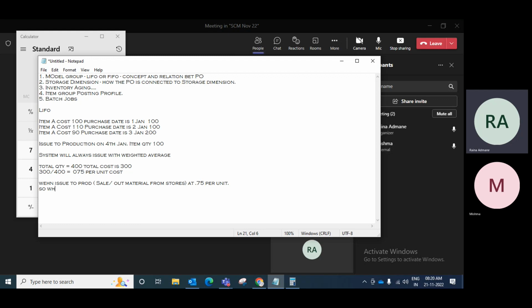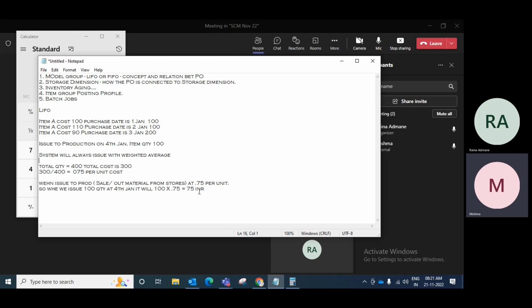So when we issue 100 quantity on 4 January, it will be 100 into 0.75, equal to 75. This is the weighted average cost. So the system will use the weighted average cost. This is the important part.